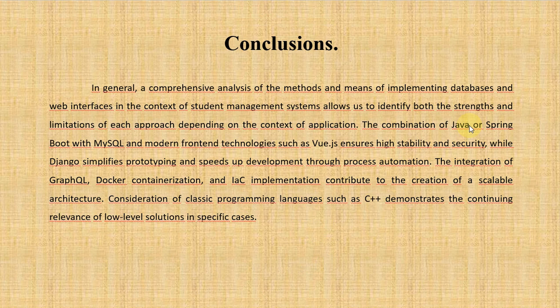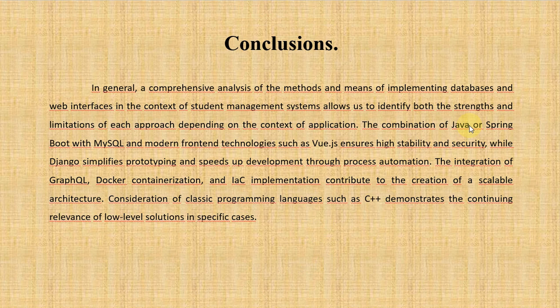In general, a comprehensive analysis of the methods and means of implementing databases and web interfaces in the context of student management systems allows us to identify both the strengths and limitations of each approach depending on the context of application.